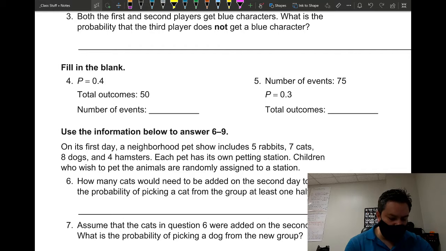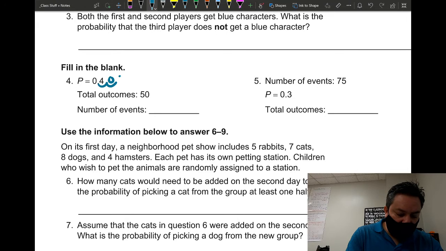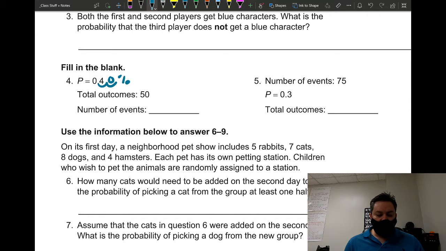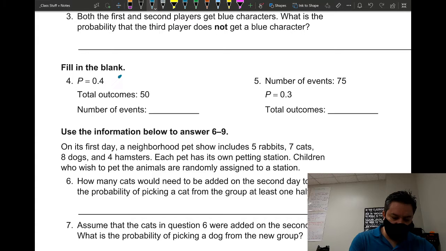What does that mean? Remember, if you want to convert this to a percent, you can. So 40% of the time, we're going to get the outcomes that you want out of the 50 outcomes. 40%, not 40 times. So let's look at this real quick.